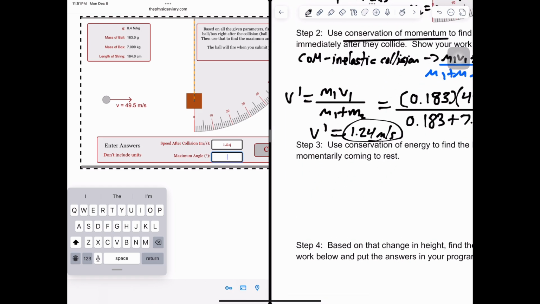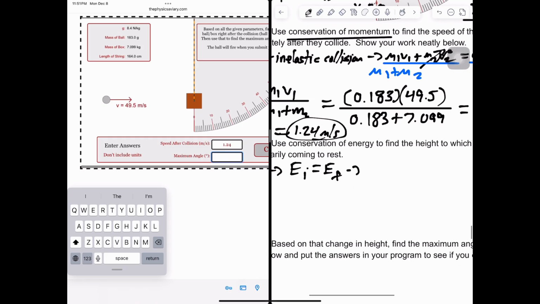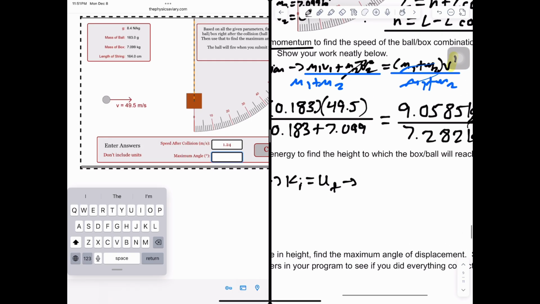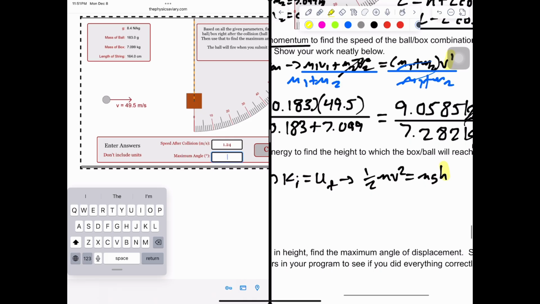So here we go. Conservation of energy. Energy initial equals energy final, which is initial kinetic energy transforming into final potential energy: 1/2 mv squared equals mgh. We just have to solve that for h.